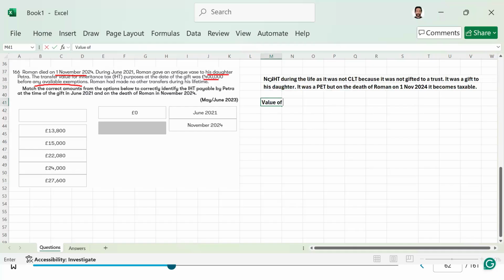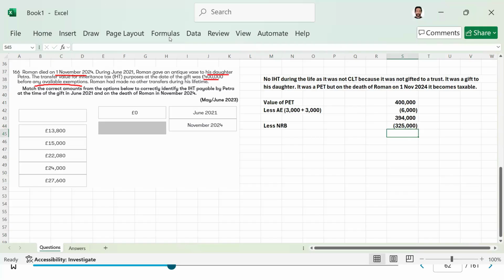Okay, so the value of the gift or the value of the PET would be 400,000. We deduct the annual exemption, which is 3,000 plus 3,000. So we're going to deduct the 6,000 here. The value is going to be 394,000. And then we're going to deduct the nil rate band, and the nil rate band is 325,000.